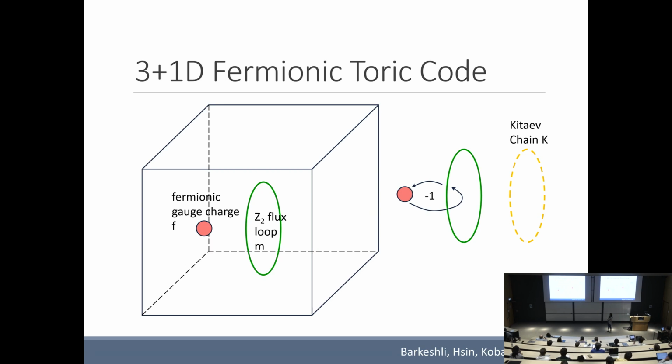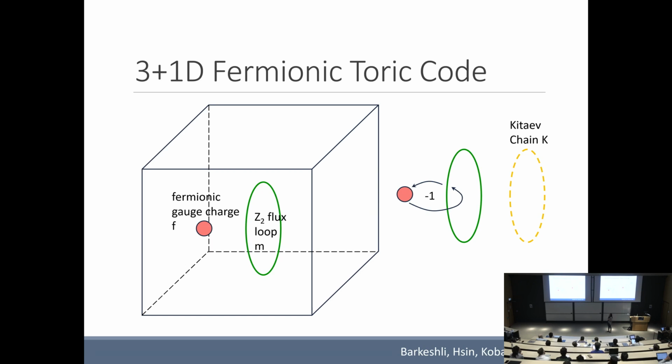This is related to what was talked about yesterday. In particular, I'm going to highlight this Kitaev chain excitation. Basically, the quasi-particle fermions can form a Kitaev chain, and that's also a line excitation.